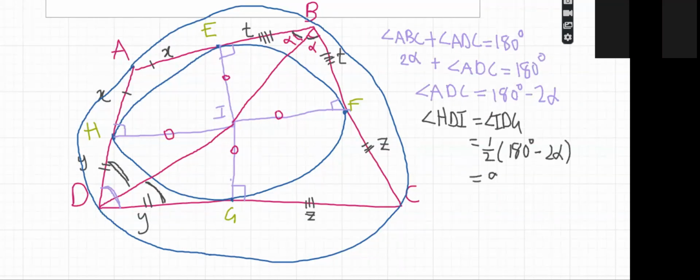So it's equal to 90 minus alpha. We'll have two angles equal to 90 degrees minus alpha. So then the angle HID is alpha, and the angle DIG is equal to alpha.